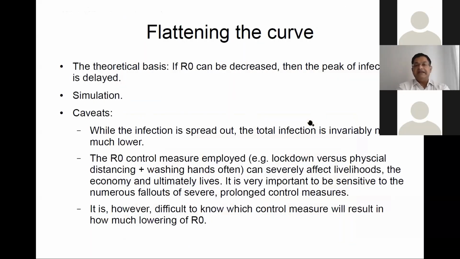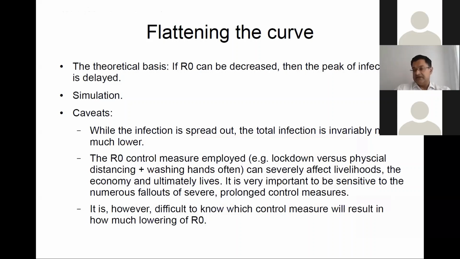So flattening the curve has certain caveats. While the infection is spread out, the total number of people infected is invariably not that much lower. The R0 control measure that is employed, whether it's lockdown, which is a severe form of control, or physical distancing with some sanitary measures and so on, can affect livelihoods.